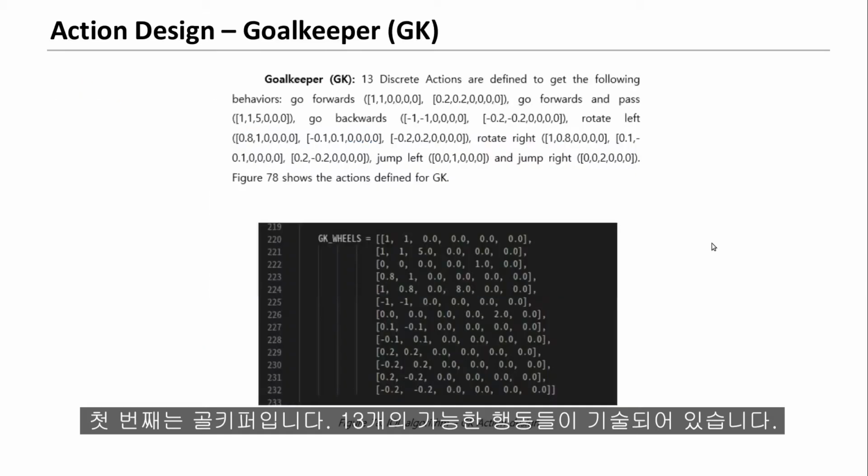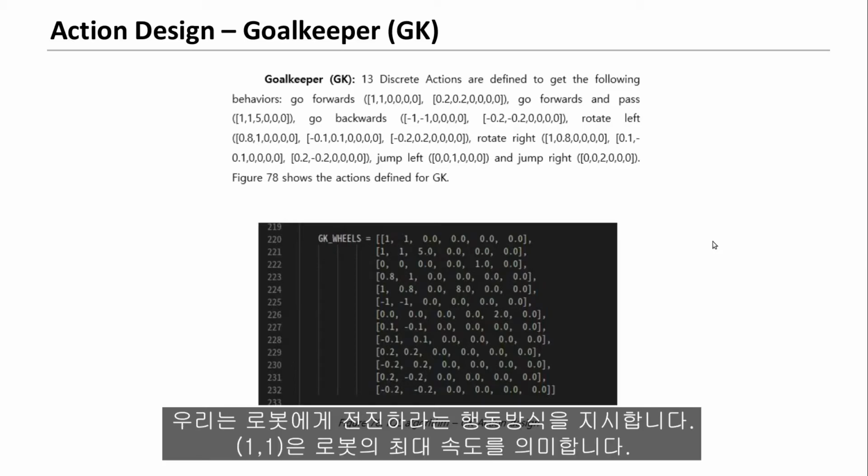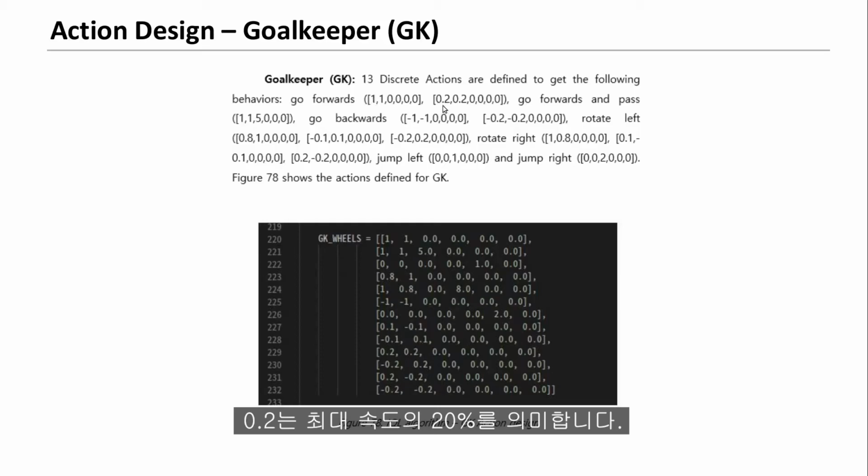For the goalkeeper, 13 discrete actions are defined, and we try to get the behavior of go forwards, and here these two are 1, 1 because I want maximum velocity. 1 represents maximum velocity. 0.2 represents 20% of the maximum velocity.